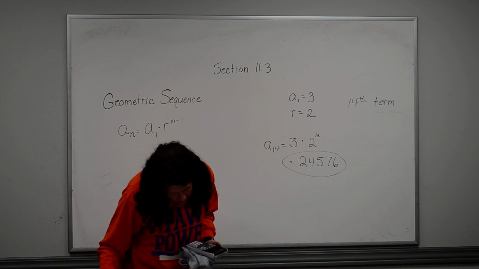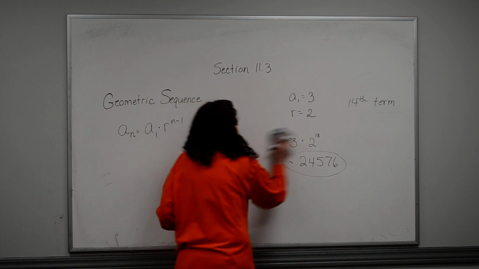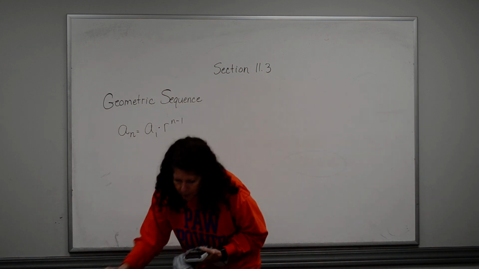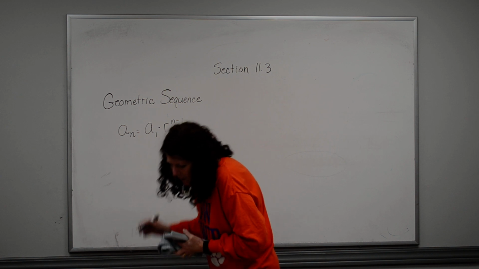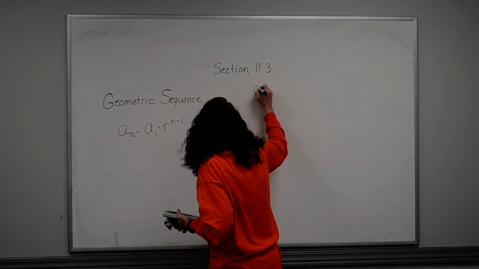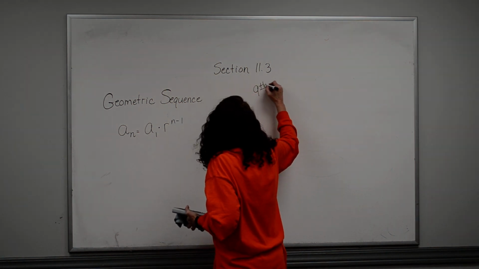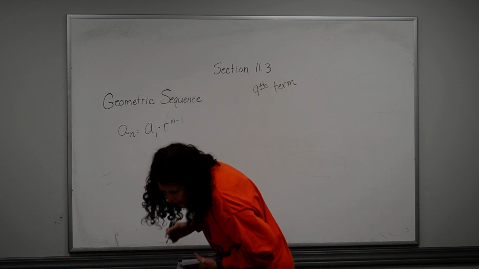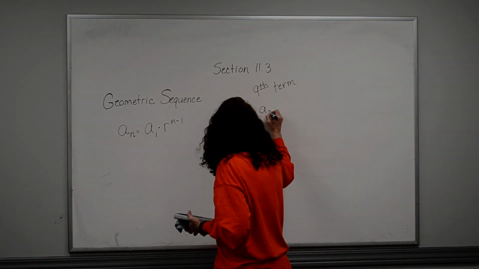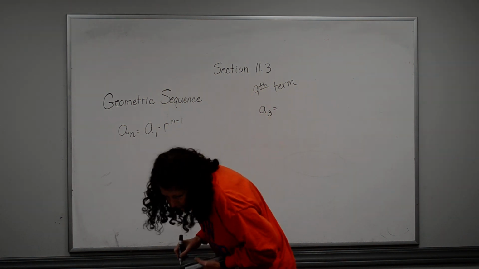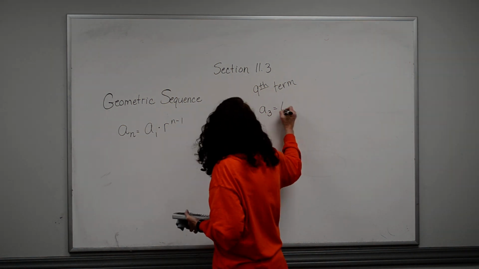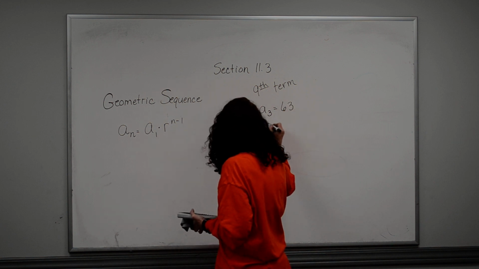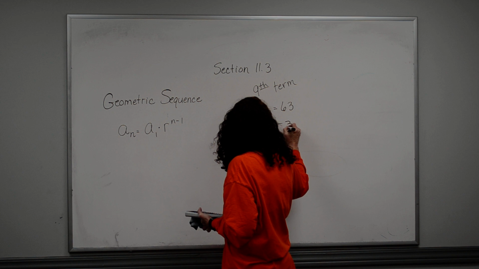Let's do another one here, one where they just give me some other things. Let's say this one, they want the 9th term. But they tell me that a sub 3 is equal to 63, and they tell me that r is equal to negative 3.